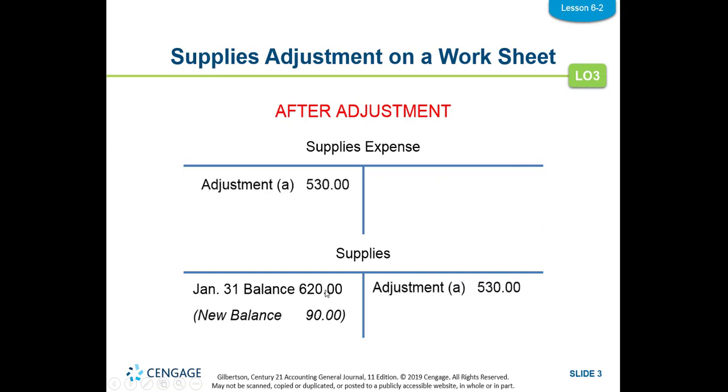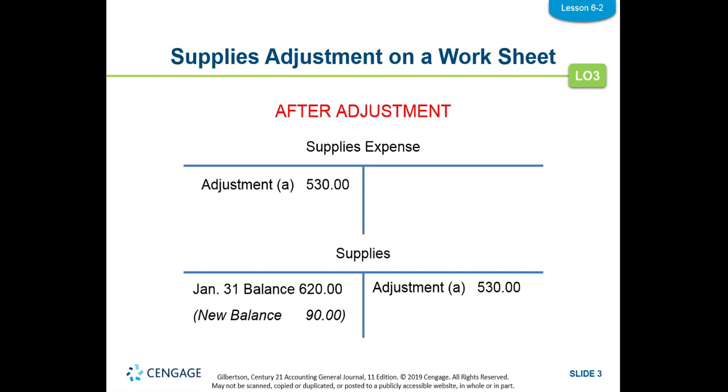We are going to record an adjustment where we have our new balance of supplies. If we physically count what we have, it is going to be $90. So in order for me to get from 620 to my new balance of 90, I have to credit my supplies here $530.